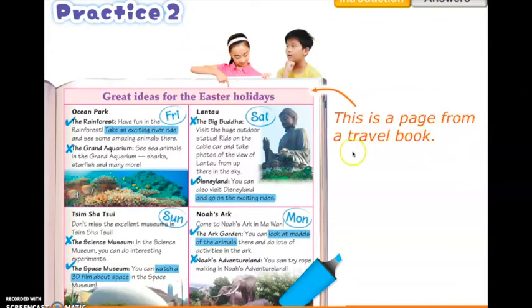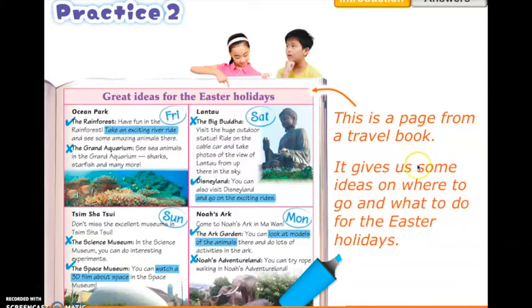This is a page from a travel book. Okay, you have to know what is a travel book. A travel book is something that gives us some ideas on where to go and what to do for the Easter holidays. So in a travel book, you can find some ideas of different places in different countries, different cities, and what you can do there.